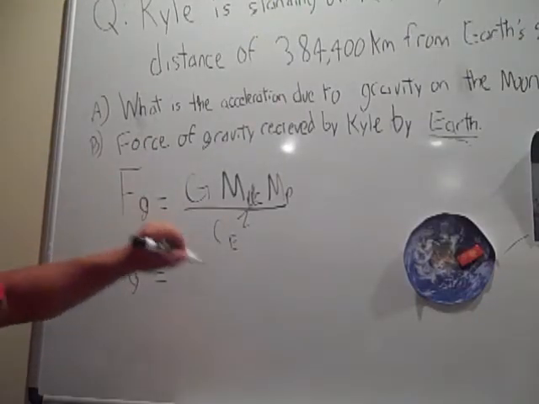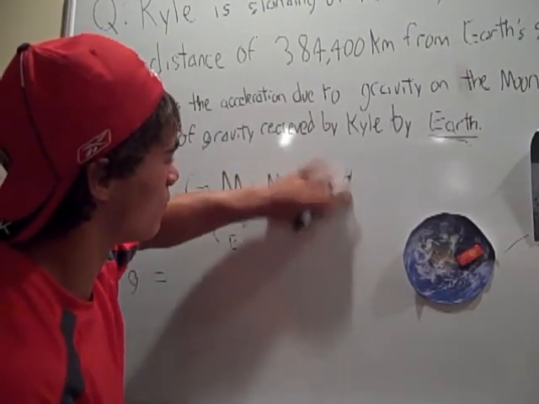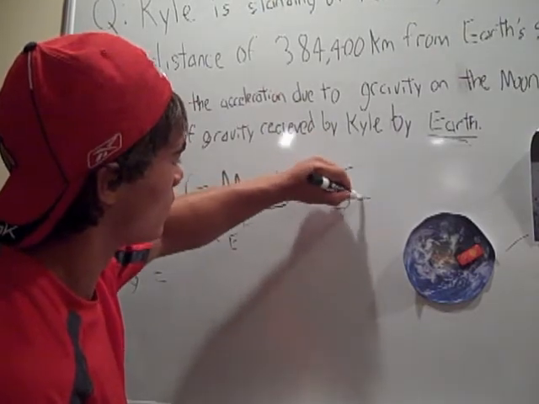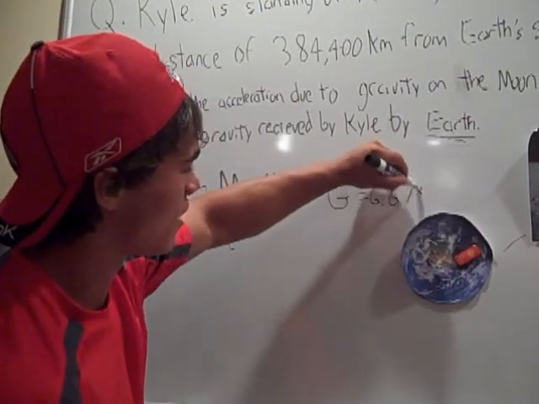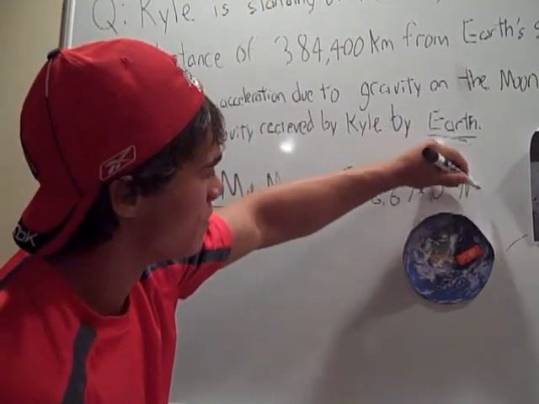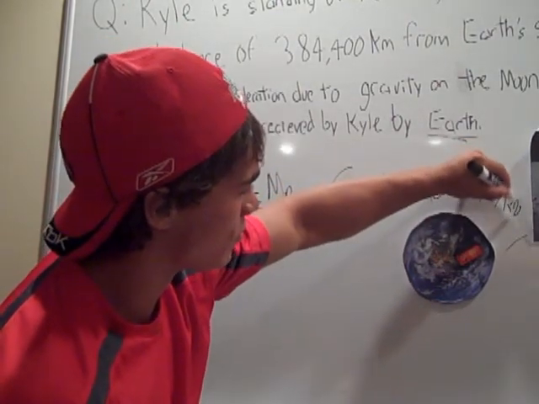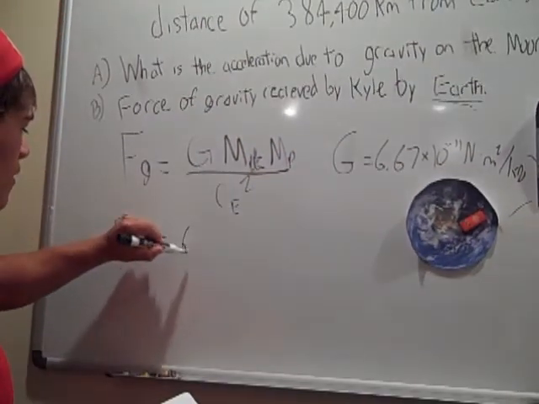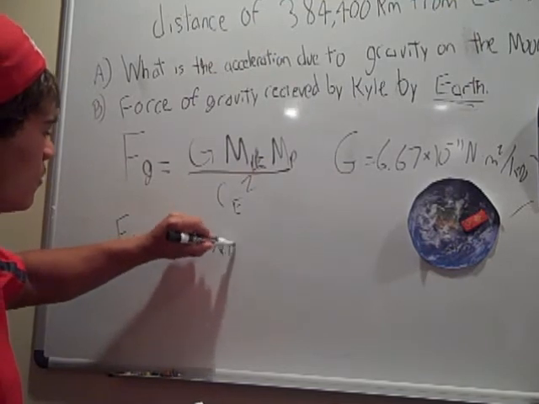And the gravitational constant, which we know, big G, equals 6.67 times 10 to the minus 11 newton meter squared over kg squared. And so we'll plug that in there. We'll exclude the units for simplicity.